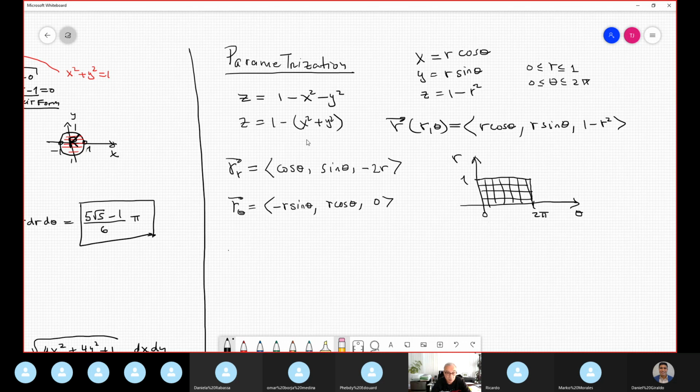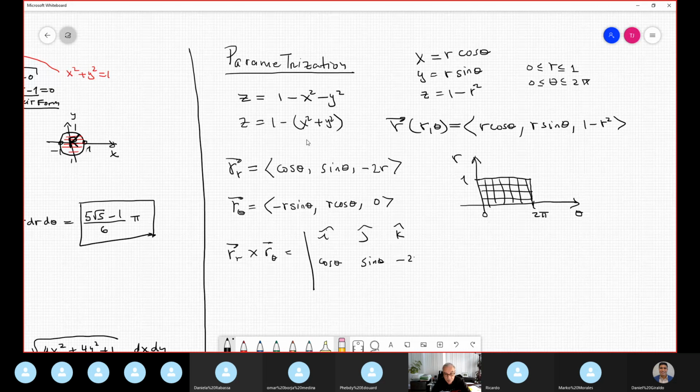Now you perform the cross product. It's the same idea always: i, j, k. The first vector is cosine theta, sine theta, and minus 2r. The second vector is minus r sine theta, r cosine theta, and 0.